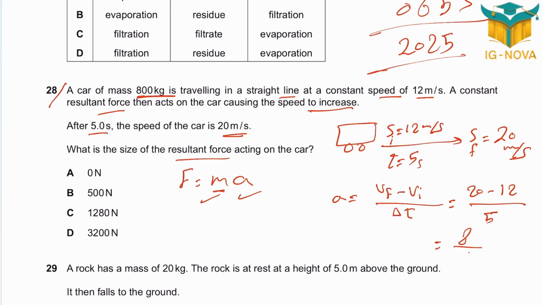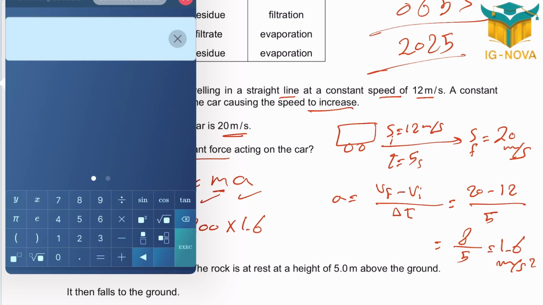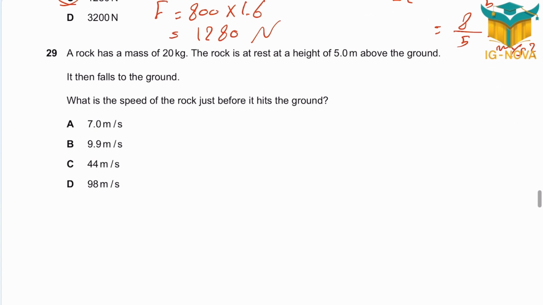So 8 over 5 will be 1.6 meters per second squared. Now it's easy to find force: 800 times 1.6. On the calculator, the answer is 1280. So 1280 Newton. Option C.